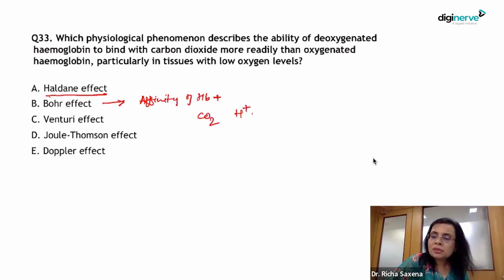So the affinity reduces if the concentration of carbon dioxide increases, or if the hydrogen ion concentration increases, that is, the pH reduces. In that case, the affinity of oxygen to combine with hemoglobin reduces, because this is inversely proportional. This is the Bohr's effect, because you can have a question pertaining to Bohr's effect also.